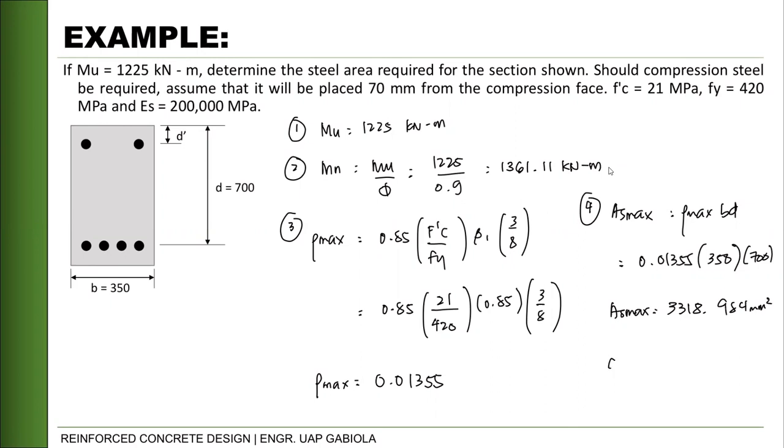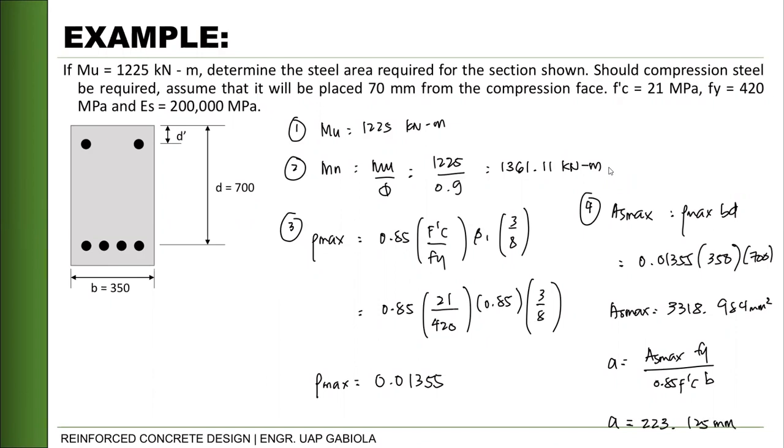Then calculate the value of A, which is AS max Fy all over 0.85 F prime C B. You can substitute: times 420 all over 0.85 times 21, and B is 350. We have a value of 223.125.